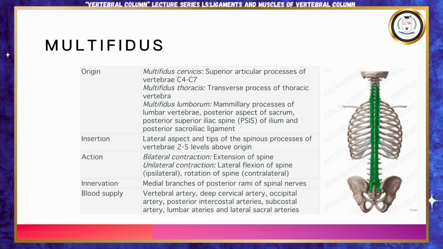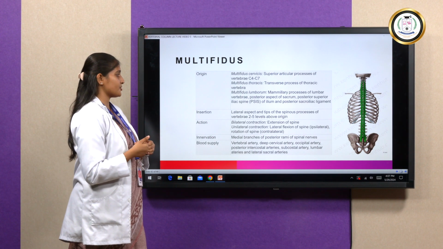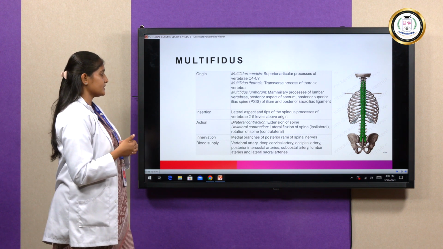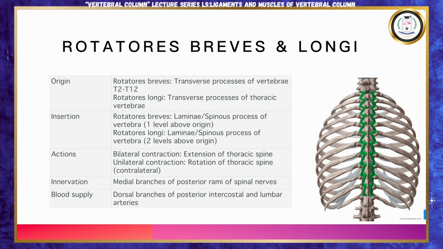Blood supply is from the vertebral artery, deep cervical artery, occipital artery, posterior intercostal arteries, subcostal artery, lumbar arteries, and lateral sacral arteries. The action of multifidus is extension, lateral flexion and also rotation of the spine.